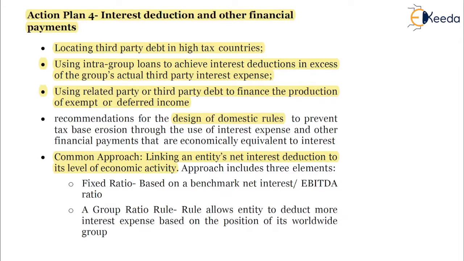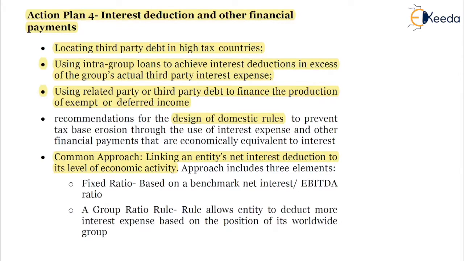Second, group ratio rule, in which if there is a positive position of the entire group, then interest deduction will be allowed. In the case of the group ratio rule, the overall ratio of the entire group company will be considered and deduction may be allowed to the entity.